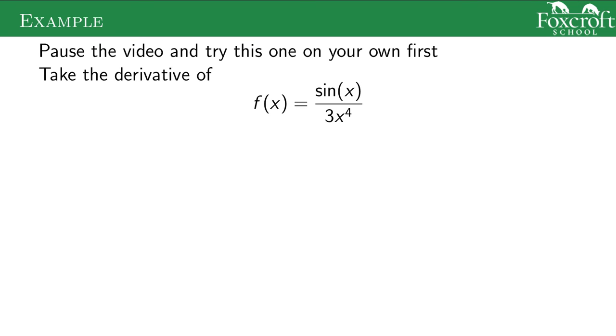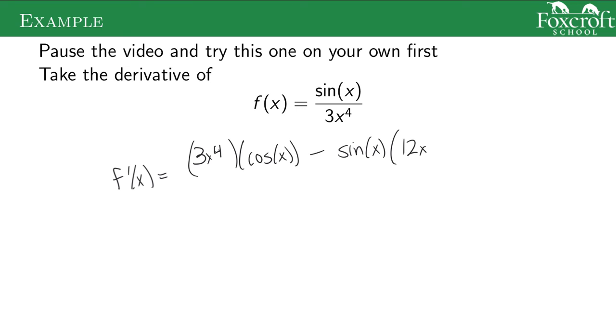Here's another one. You can try it on your own first. Pause the video, try it on your own, and see if you get the same thing that I get once we go over it. So we're going to have low d high, minus high d low, all over low low, which is that squared.